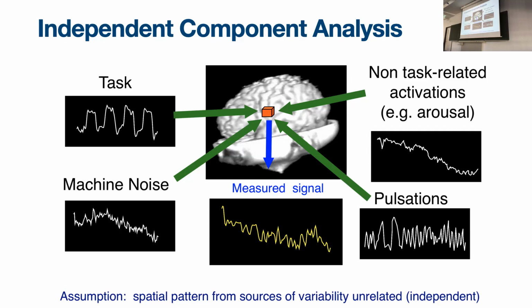The idea is that when you're doing a recording, such as an fMRI, you're recording from all of these voxels, and each voxel gets some signal from, let's say, the task. It also picks up some signal that's related to machine noise. You get really weird things like arousal-based fluctuations.